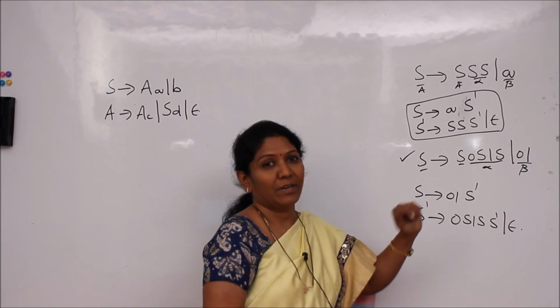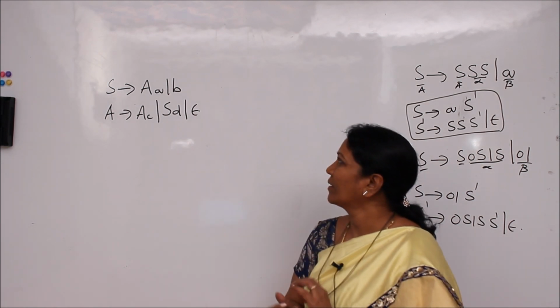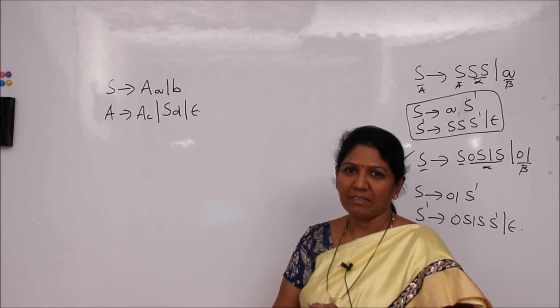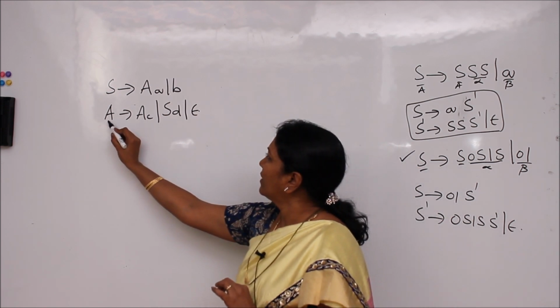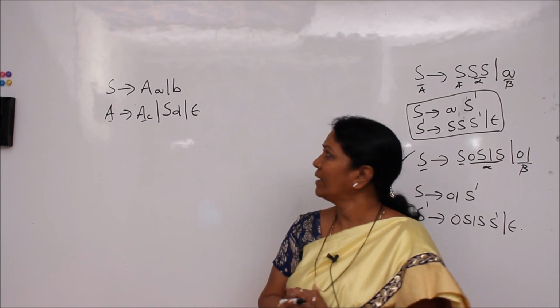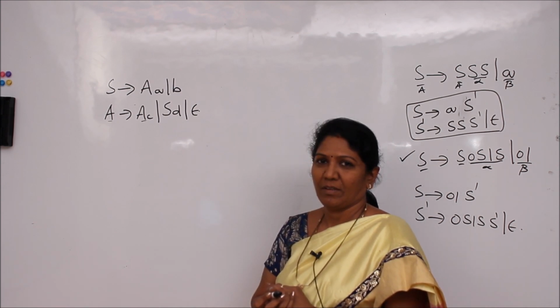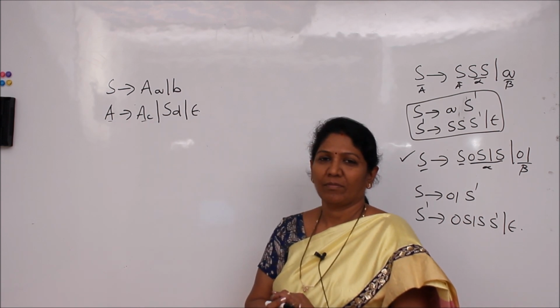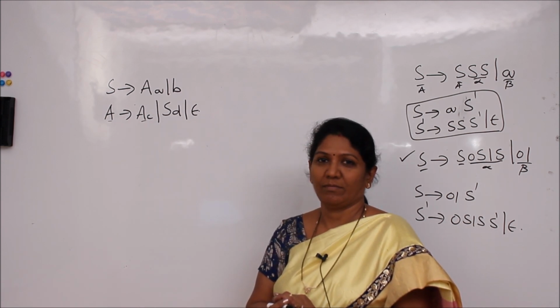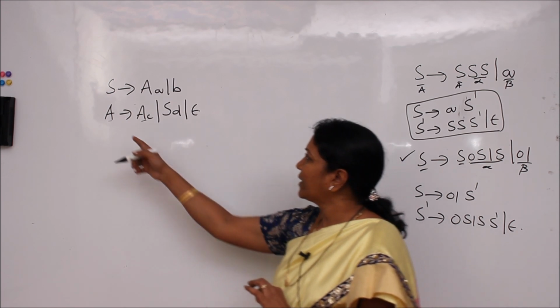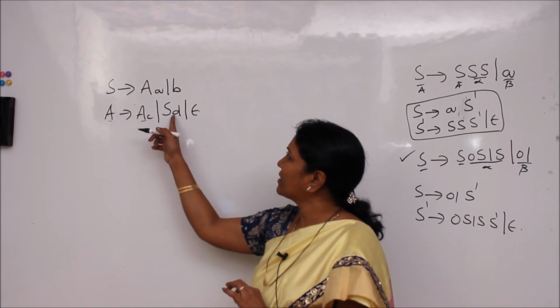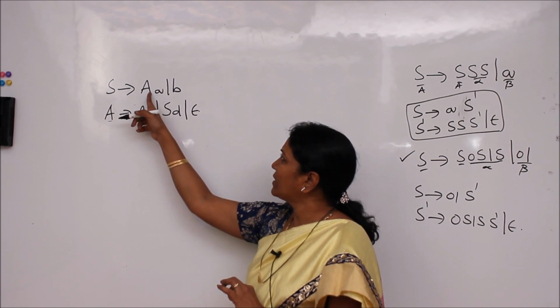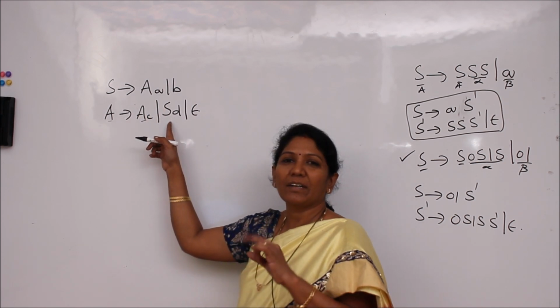Now let me take a different example. Look at this. Do you have a left recursion in this example? There is a left recursion. Is left recursion there only at this place? No, that is wrong. Left recursion is there even at the other level because S is AD. When you expand S with A, there is a left recursion even at the other level.